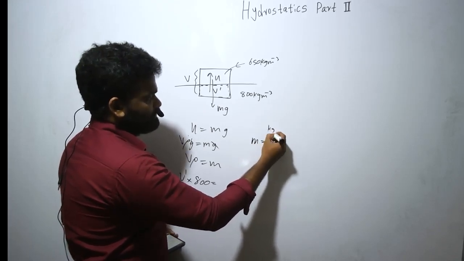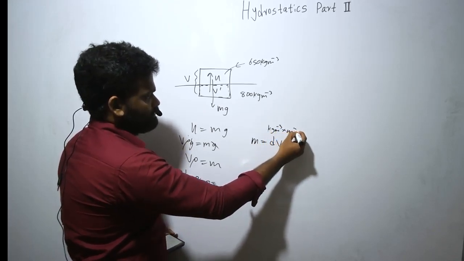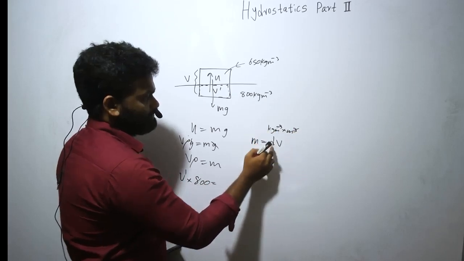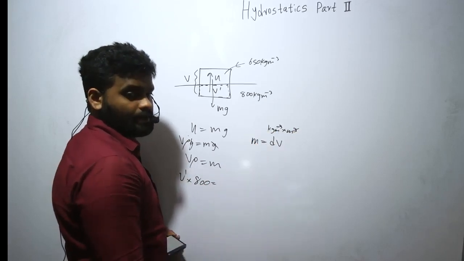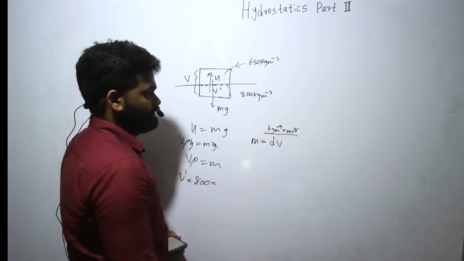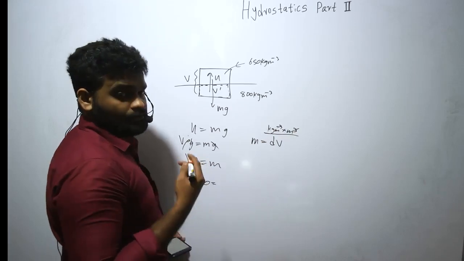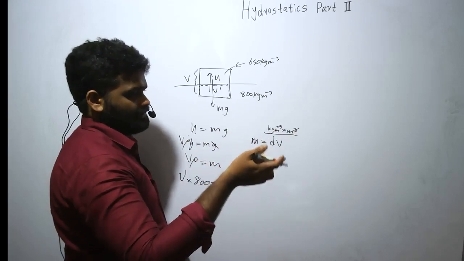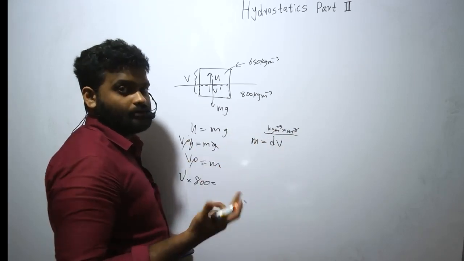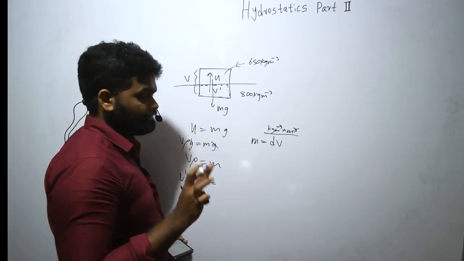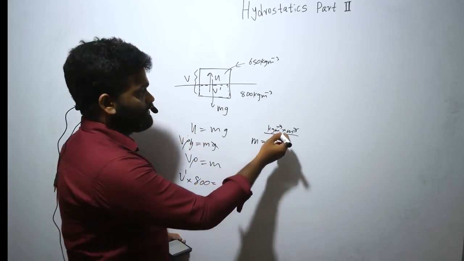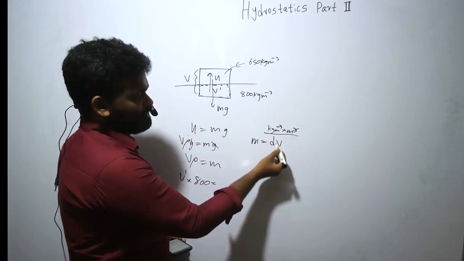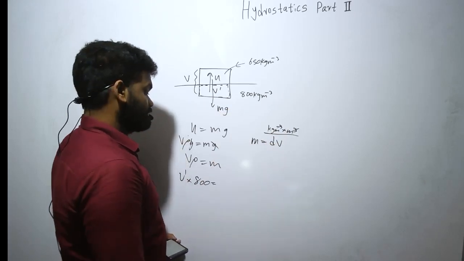Think in terms of units: cubic meters cancel, so you have to multiply volume. Some students don't even know how to find the mass if volume and density are given. They are at the primary level, that's why I'm explaining this. Density times volume is what you get as mass.